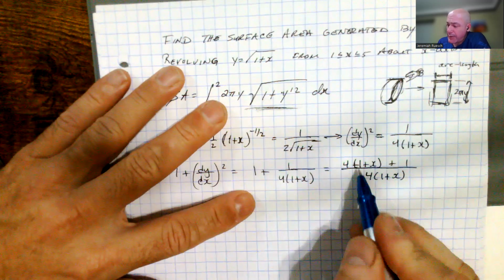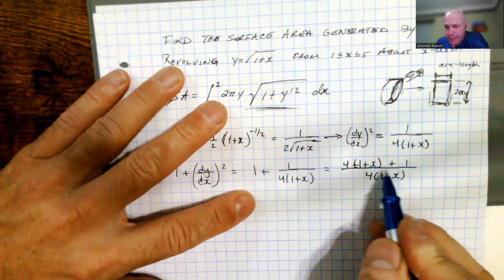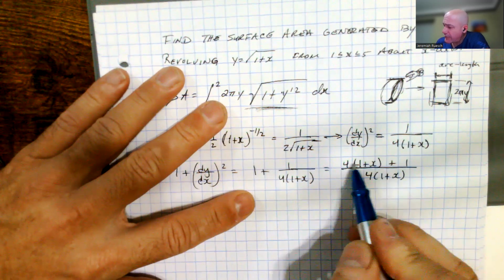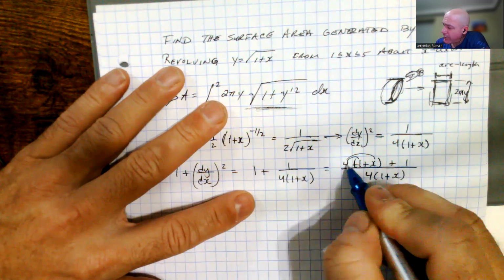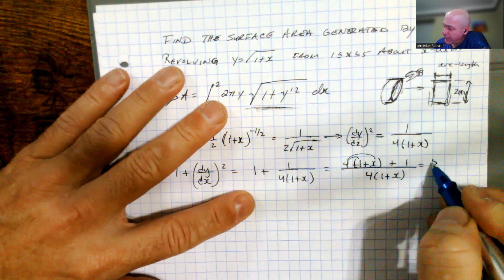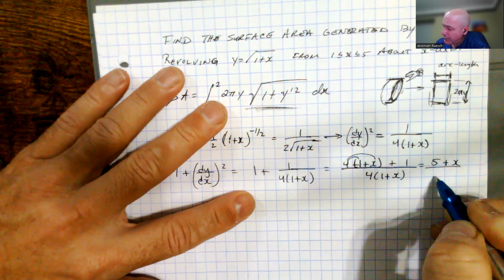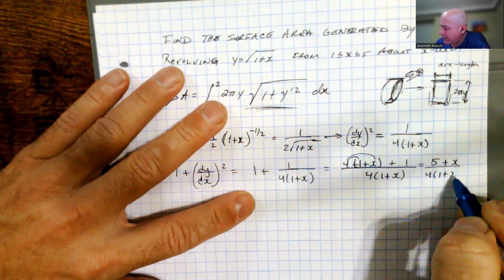Okay. Where I've taken the liberty of combining them under the same denominator here. If I distribute that 4 through, and then combine with this, you should see I have 4 plus 1. So this should give me 5 plus x over 4 times (1 plus x).